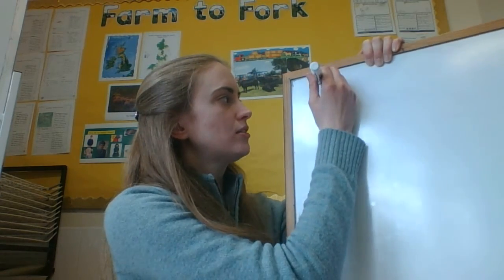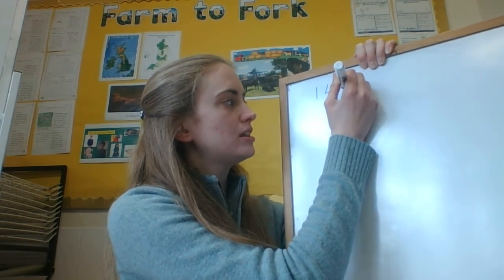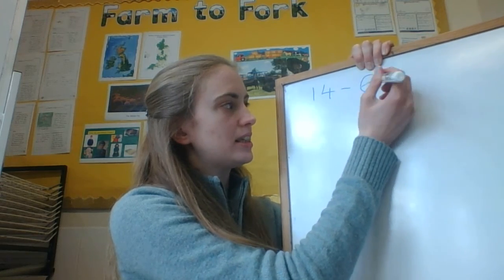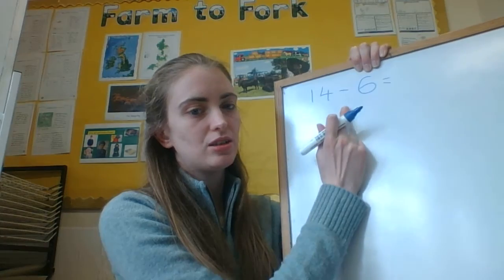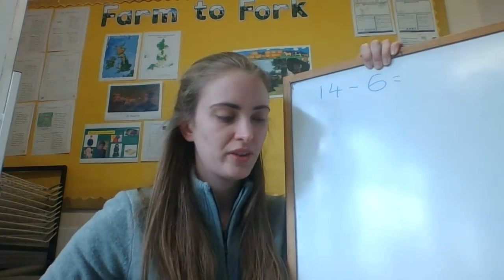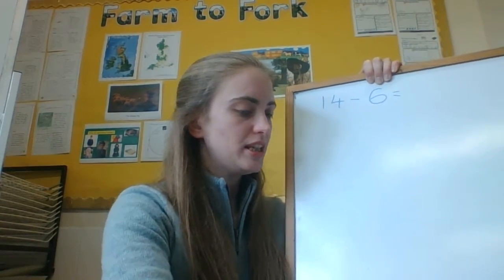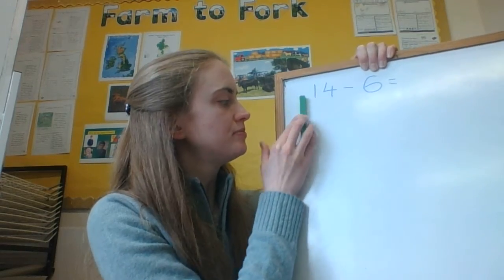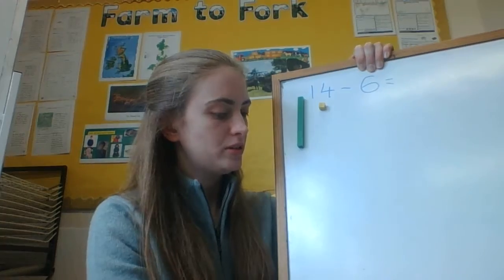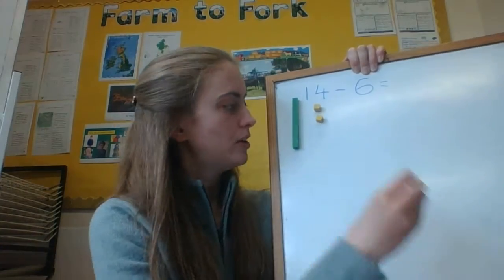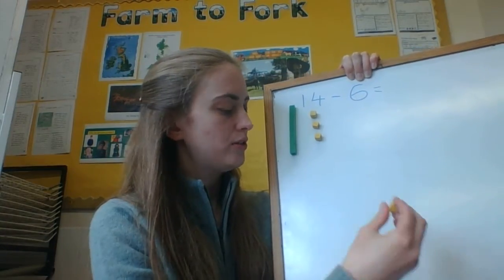Okay, so we're going to look at 14 take away 6. 14 minus 6. 14 subtract 6. So I'm going to make my 14 a 10 and 4 ones. 1, 2, 3, 4.